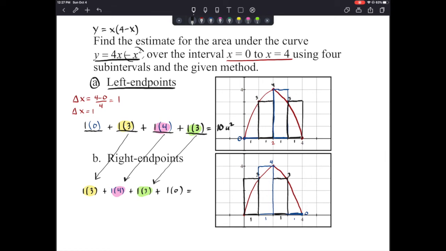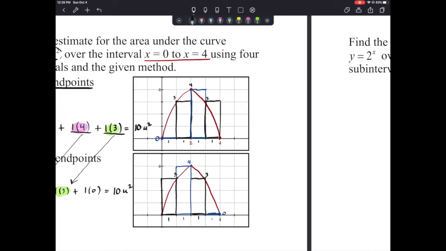This part of it ends up being in the same exact order as you're going through. And we'll look at that a little bit more tomorrow, but it's important that you have that marked down. And again, I think our area on that one was also 10 square units. So there are similarities between left endpoints and right endpoints.